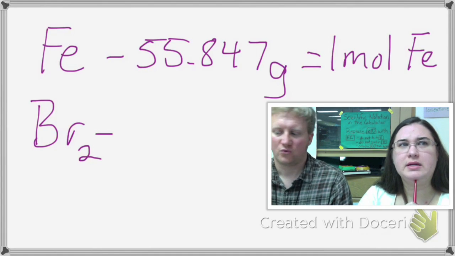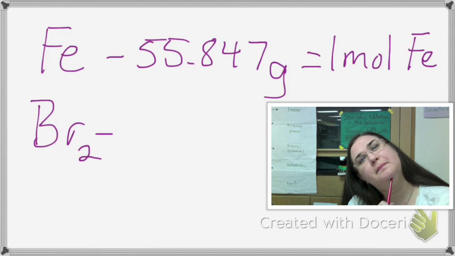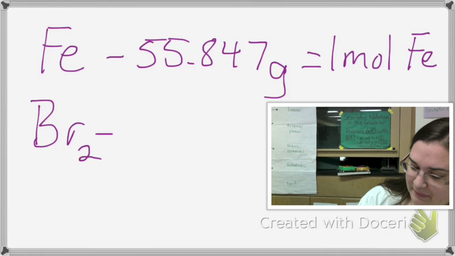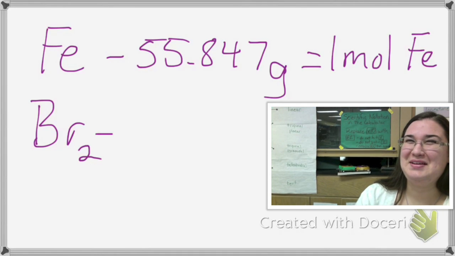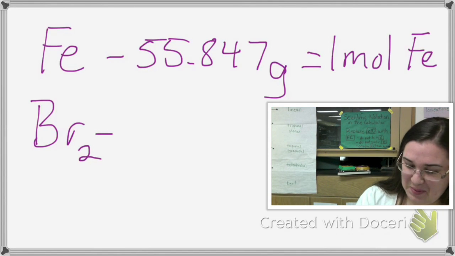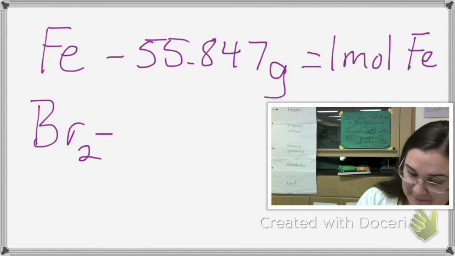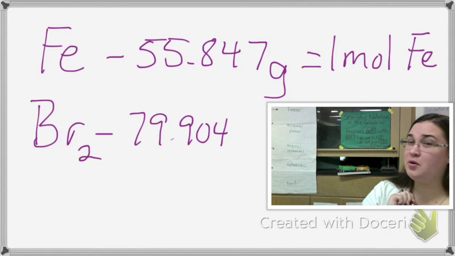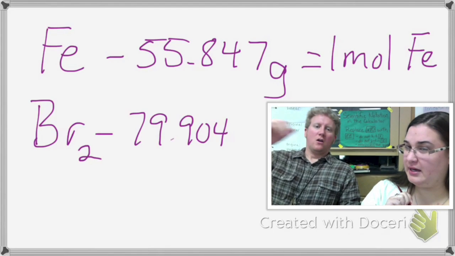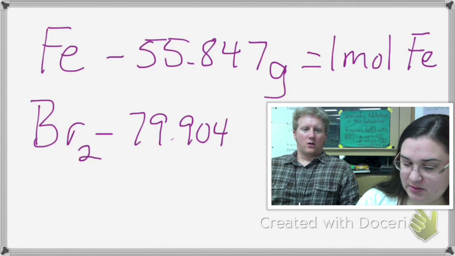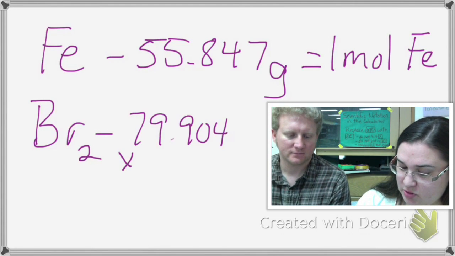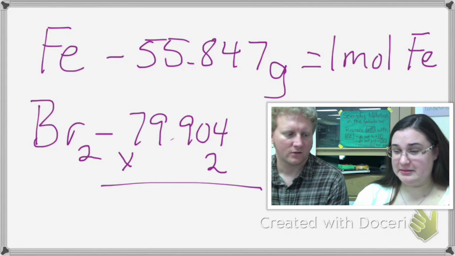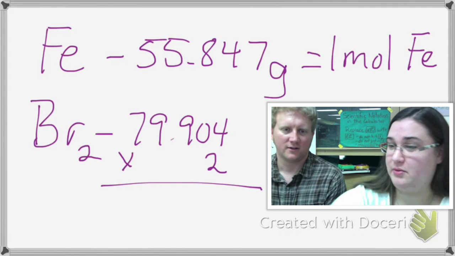So what's the mass of bromine? 79.904. That is a single bromine. But I have 2 of them, so times 2. Let's get our handy dandy calculator.